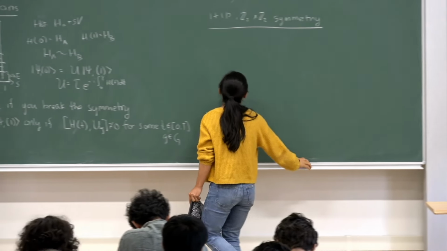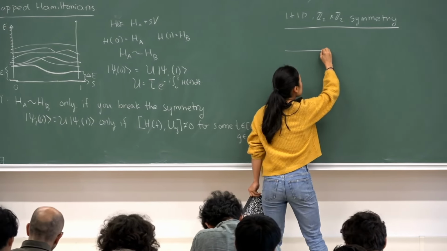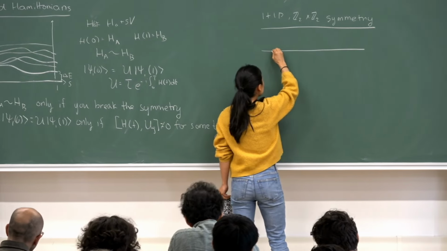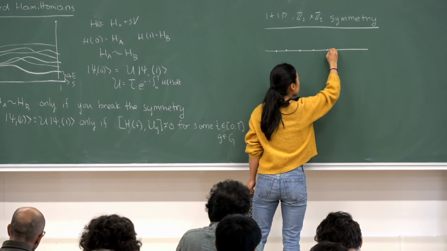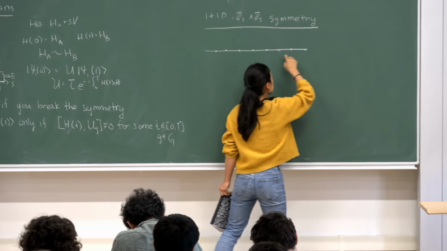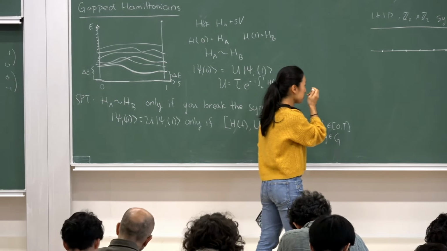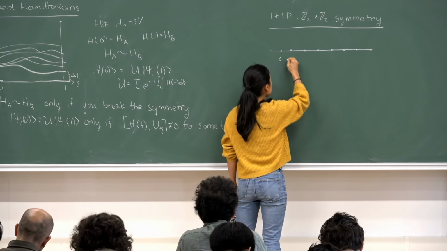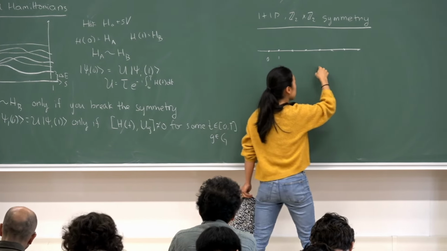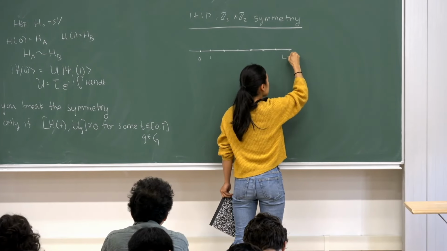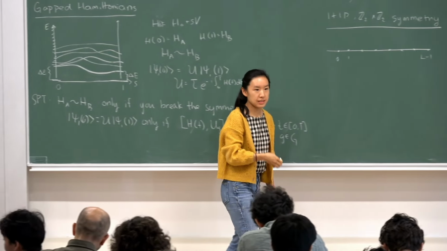So in 1 plus 1D, we can consider Z2 times Z2 symmetry. As I mentioned before, each of these points is a qubit, so we can have a spin chain with site 0, 1, all the way to site L minus 1. We're going to consider a spin chain with an even number of qubits.